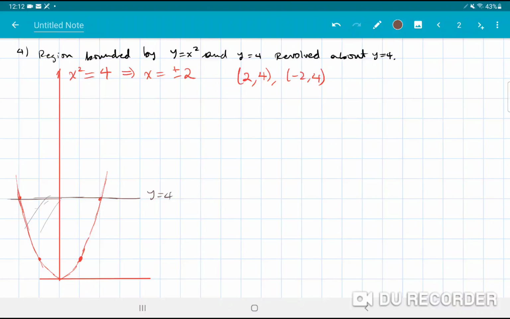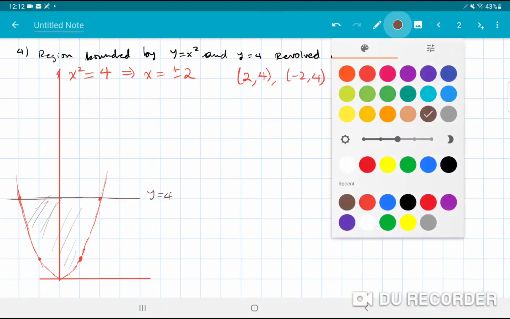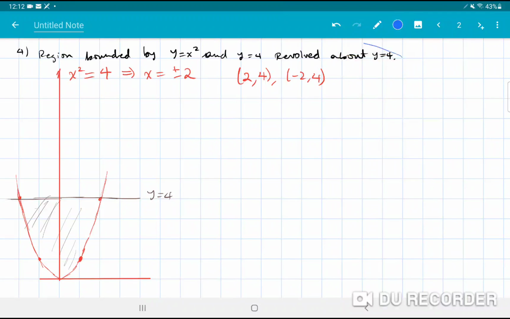So this is the region that I'd like to revolve about y equals 4. So take a generic x, anywhere between -2 and 2. You could take it here or anywhere.